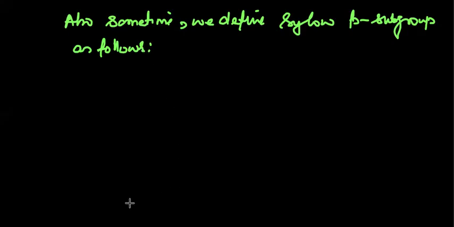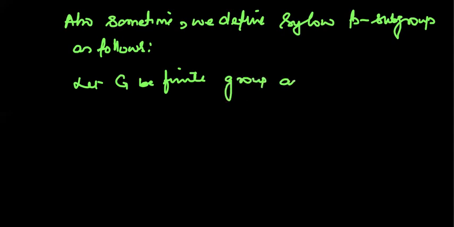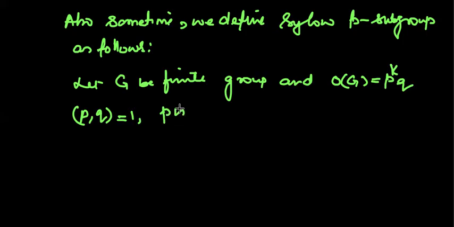Let G be a finite group and the order of G is equal to p raised to power k times q, where gcd of p and q is equal to 1, p is prime.